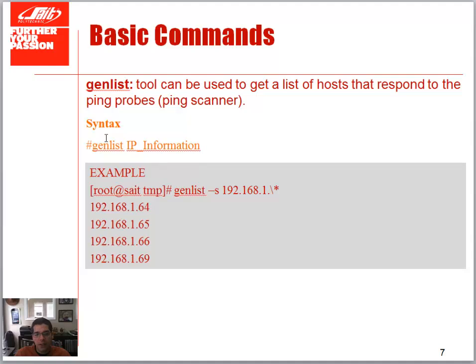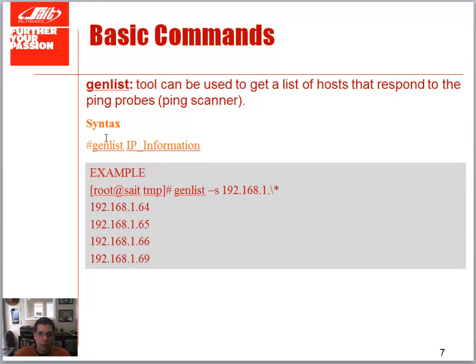Basically, you can do that using NMAP, but we're going to start using Genlist just to see how many live IPs you have available on your network. Try that now. Stop this video.